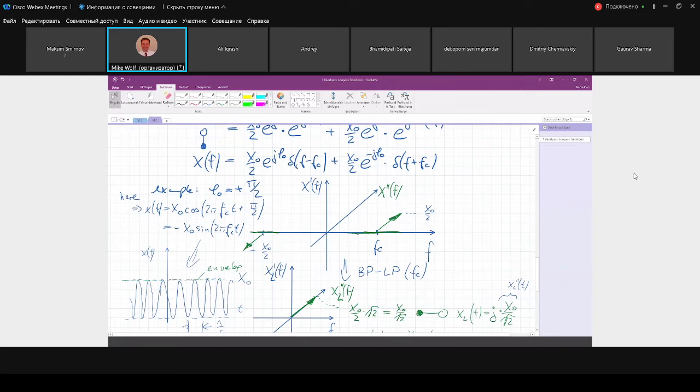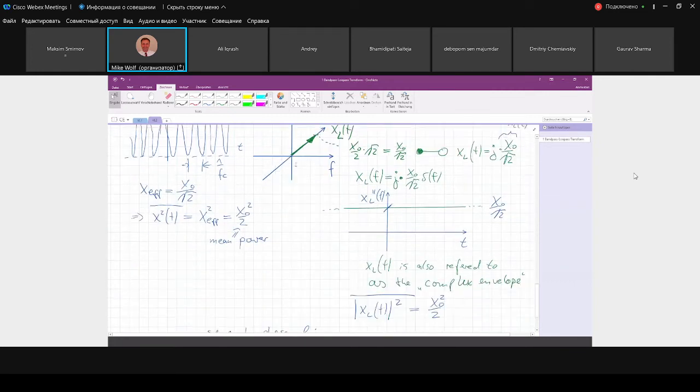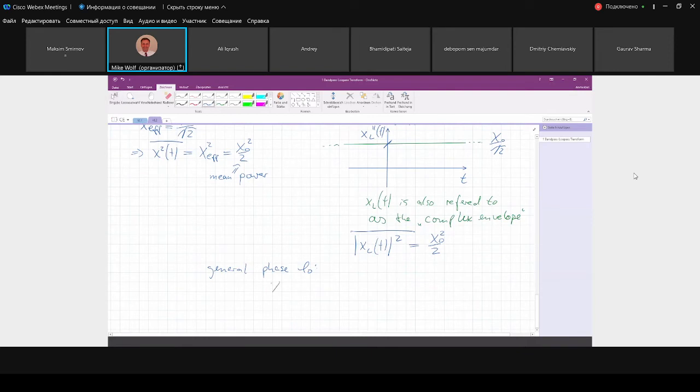Then it is just substituted by a Dirac delta pulse. So X_L(f) is x_0 divided by the square root of 2, times e to the power of j phi_0, times delta(f).